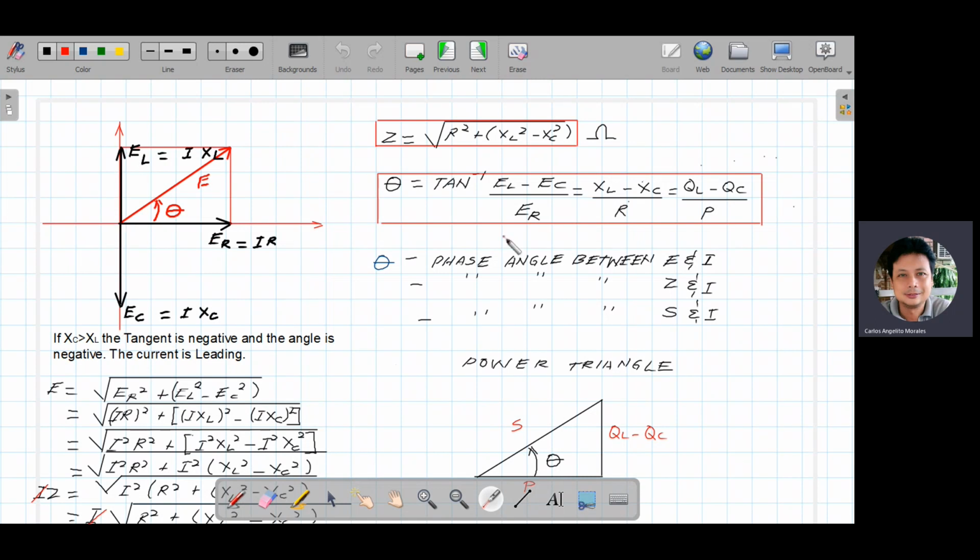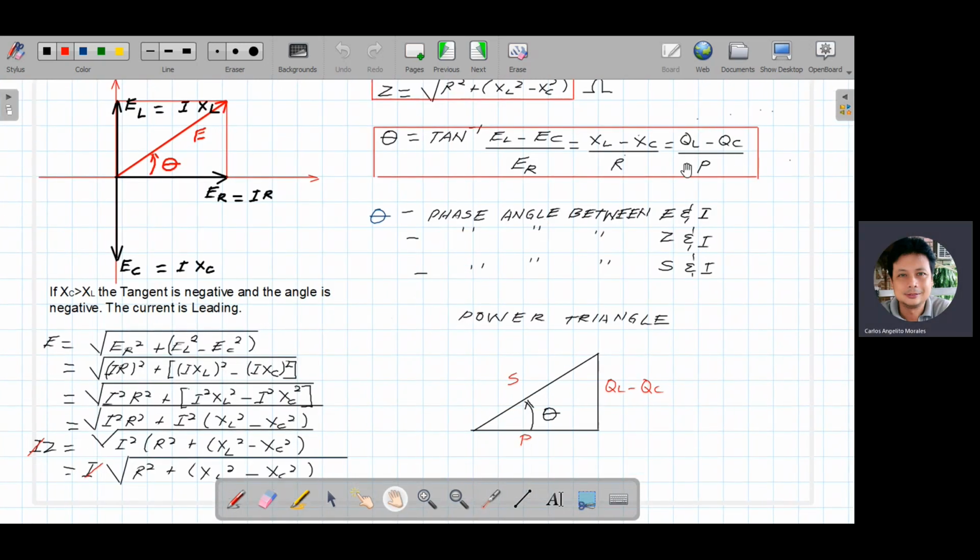Dito rin sa lugar na to. Or QL minus QC over P sa power triangle naman to, kasi ito yung reactive power. So phase angle between E and I is theta. Tinatawag din natin phase angle between S and I, phase angle between the apparent power and the current, no?